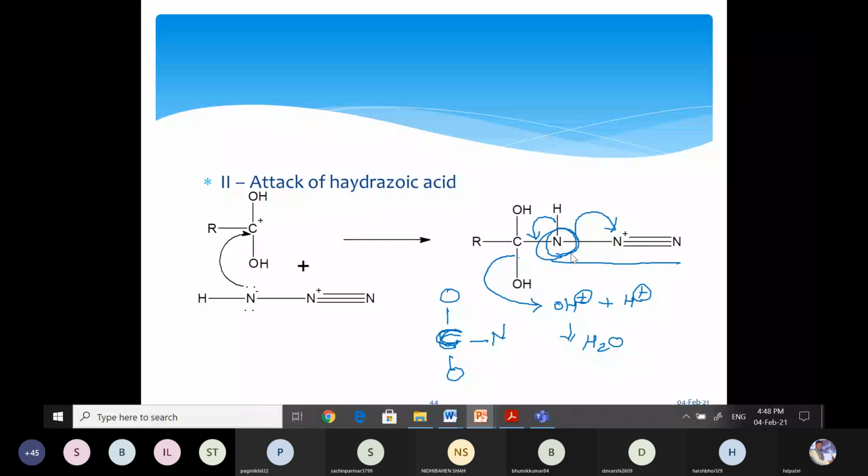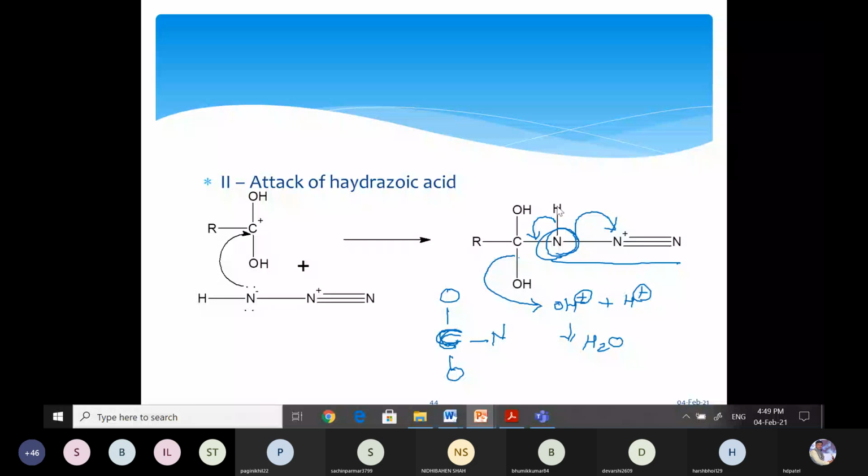It is also known as a hemiacetal type of arrangement, and from this, first of all, dehydration will take place. Dehydration means removal of OH minus. When OH minus is eliminated, this carbon becomes positive. At the same time, immediately the group will migrate from this position: hydrogen gives electron to nitrogen, and nitrogen gives electron to carbon. As a result, a double bond will form.